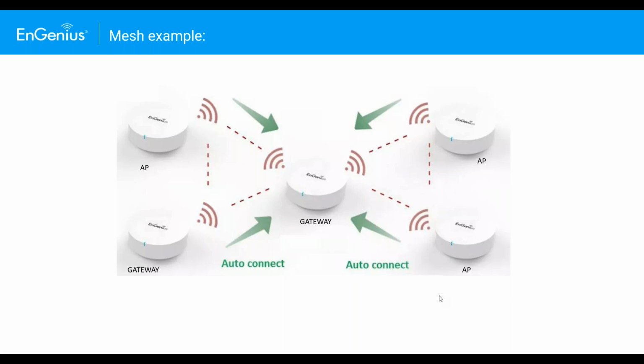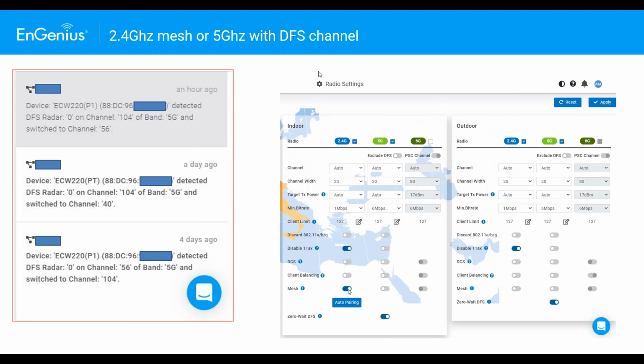Okay, so basically you can do the mesh on 2.4 gigahertz or on 5 gigahertz. I would like to remind you that the 2.4 gigahertz has a much larger coverage area that can be reached, and it's much better.